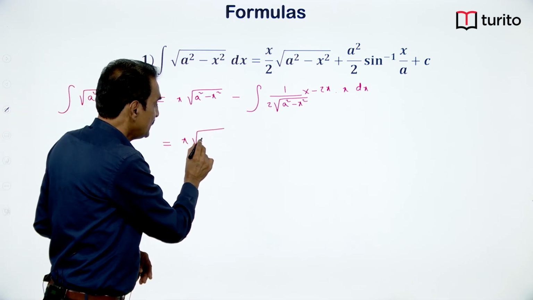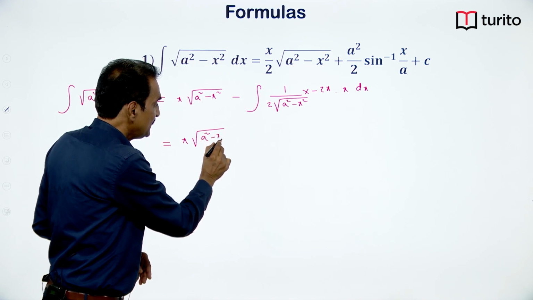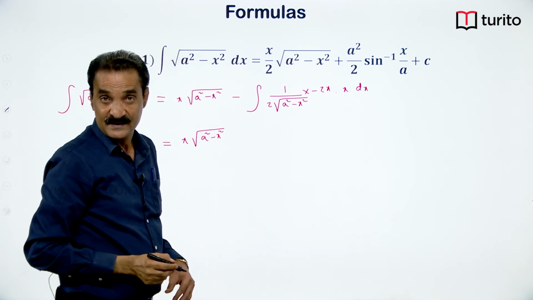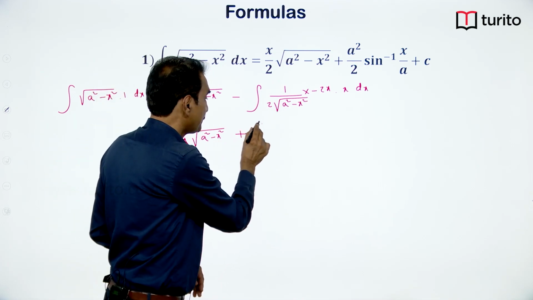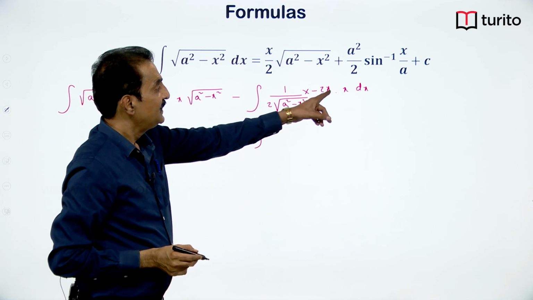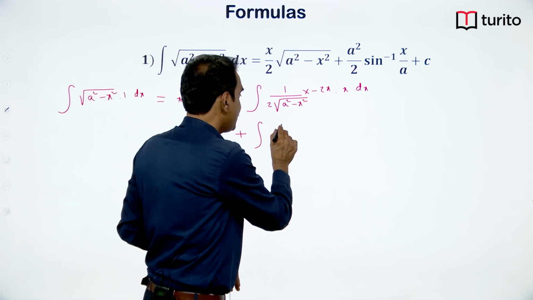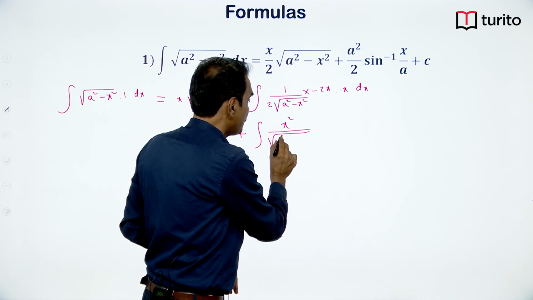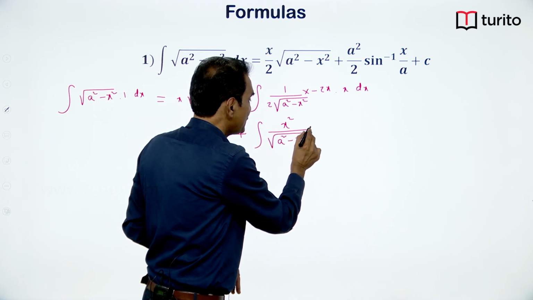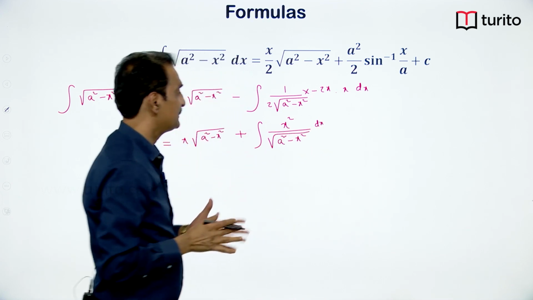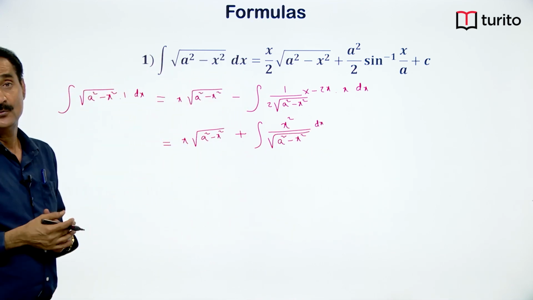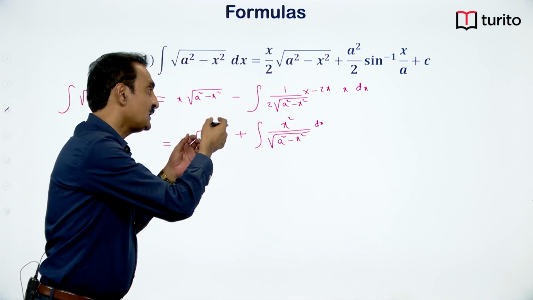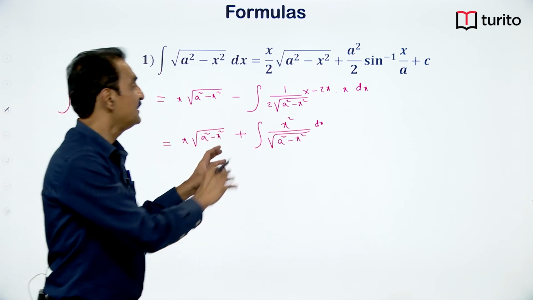Now let us simplify. x root over a square minus x square, minus of minus is plus, integral x into x, x square by root a square minus x square dx. Now what to do? If you continue in this way, it will not end with a known integral.